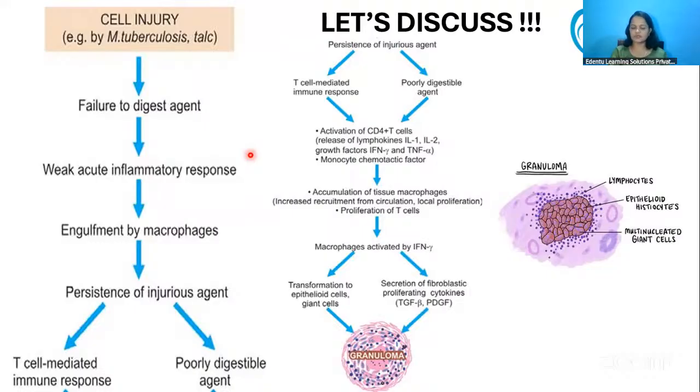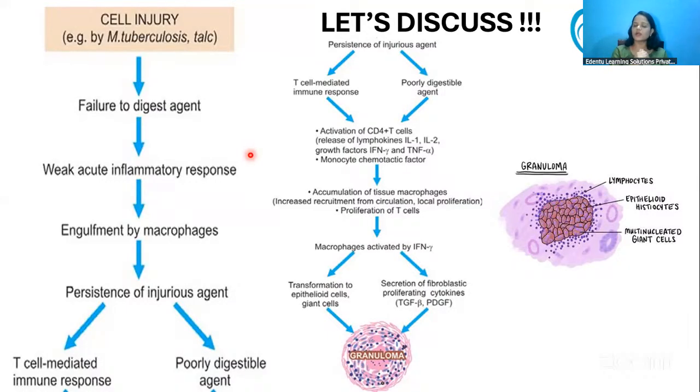T cells are much more organized and have much more defense power. These T cells will again activate the macrophages, which will try to digest or phagocytose this particular microorganism. But it will not be able to fully degrade it.